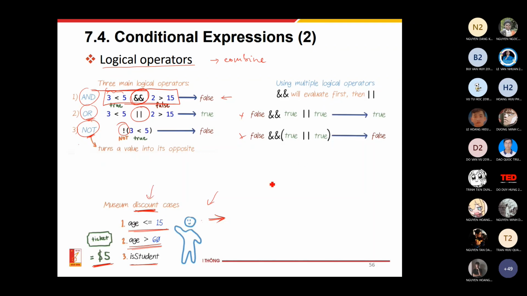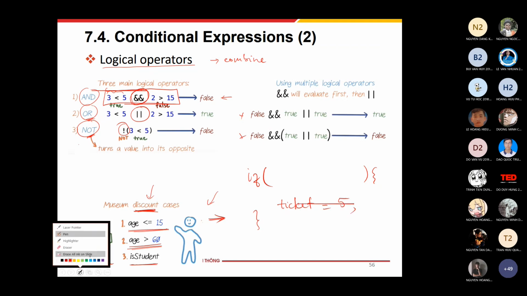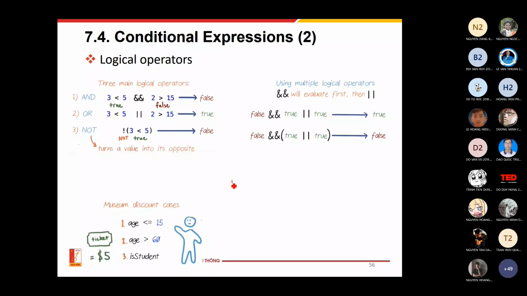If something, you have to fill out here, so the ticket will be $5. So how do you fill in the condition here? Who can fill in for me in this case?